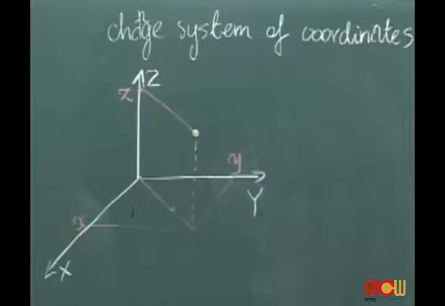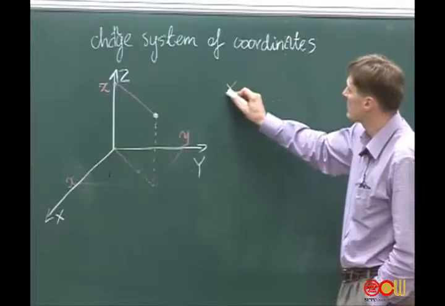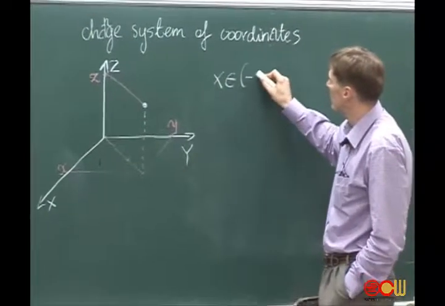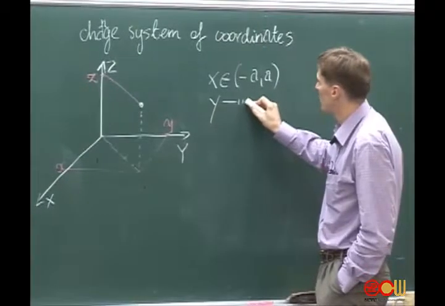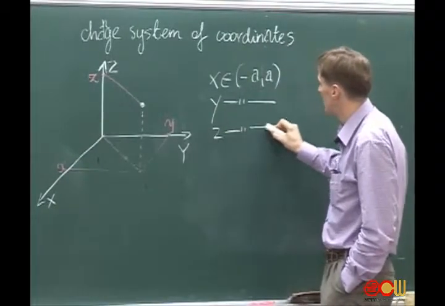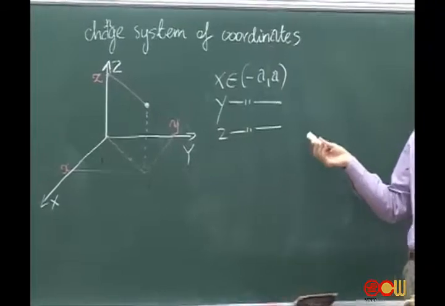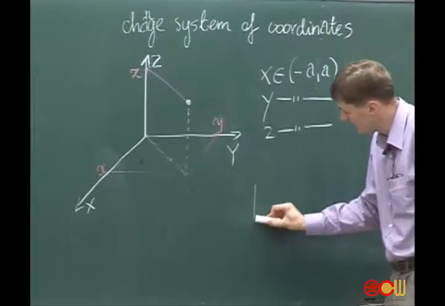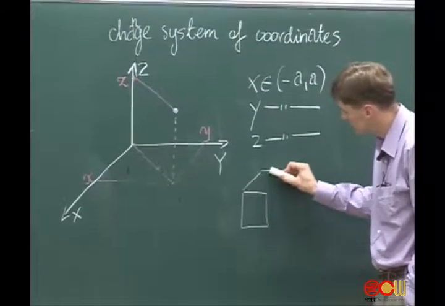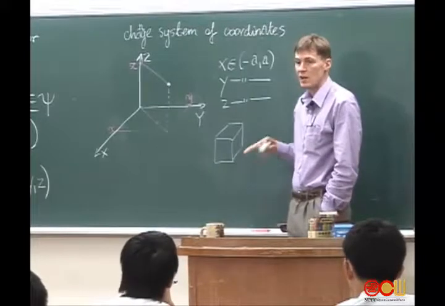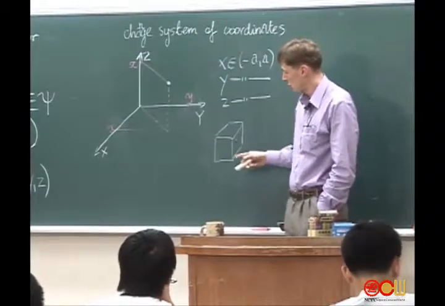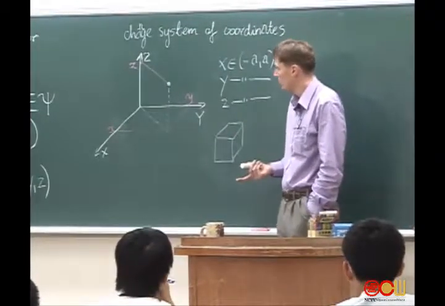But this is not a very good system. Why? Because if we say in our equation that x is changing from minus a to a, y is changing the same, and z is changing the same, then the volume looks like that. It's a cube. So this system of coordinates naturally introduces a cube as a unit of volume.